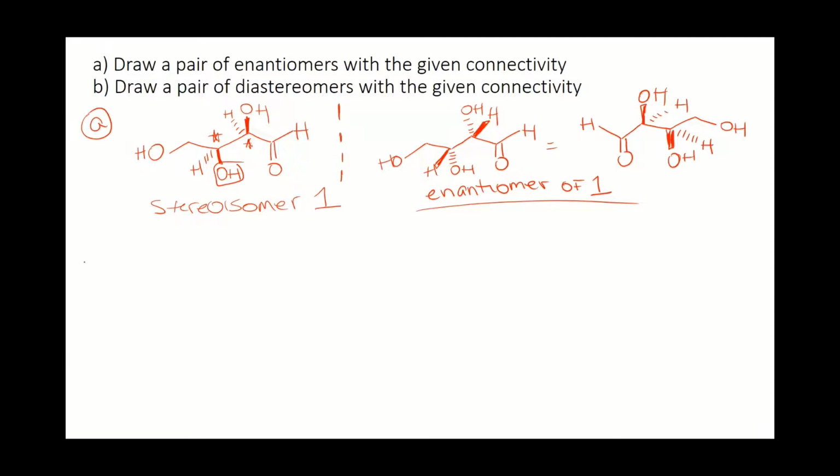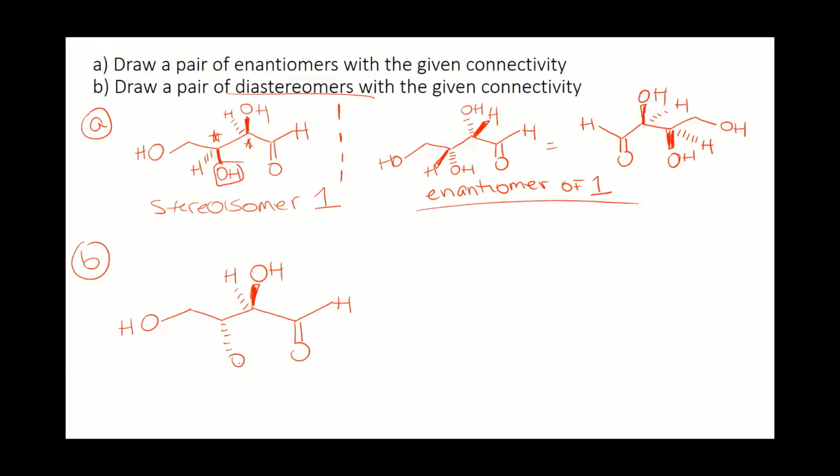Now I'm going to draw a diastereomer of stereoisomer 1. To do that, I'm going to invert one chiral center and leave the other one the same as stereoisomer 1. I'm just going to arbitrarily leave this chiral carbon as is, and then invert the other one.